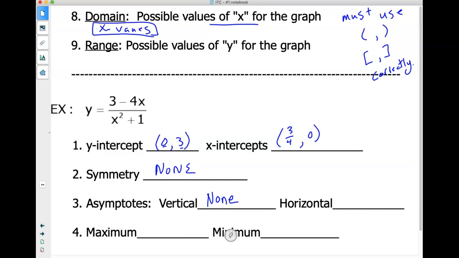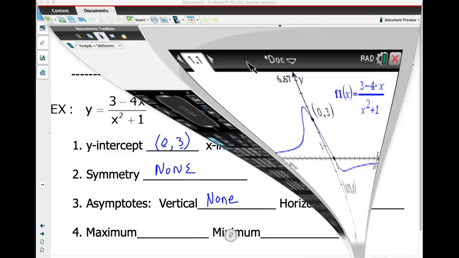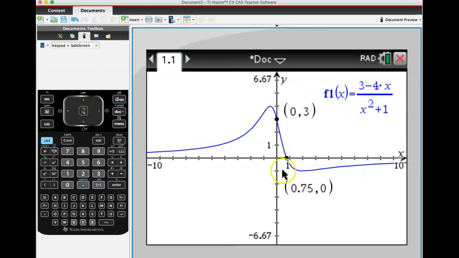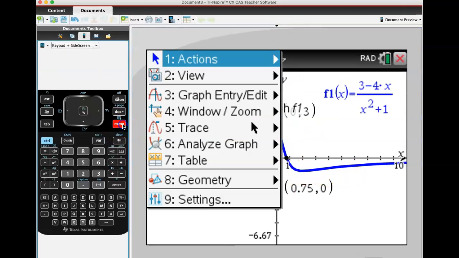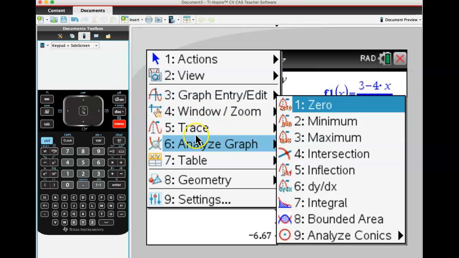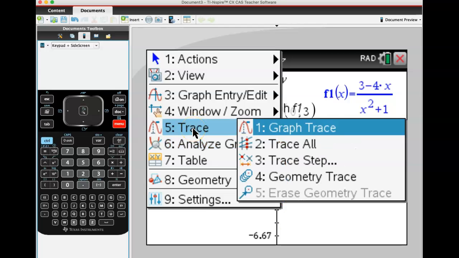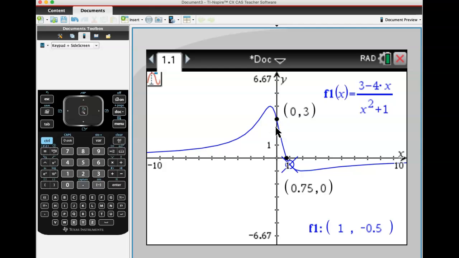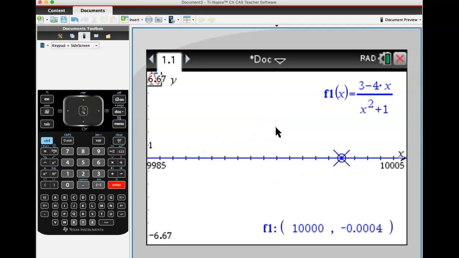Horizontal asymptotes. Let's come back to my graph. They're easier to find. If I want to find it in my graph, I'm going to say menu, trace, we're going to trace the graph, and we're going to put like 10,000 in there, a really big number, and I can see in the bottom right corner, it's giving me 10,000 comma 0.0004. That's pretty small. It's pretty close to 0.